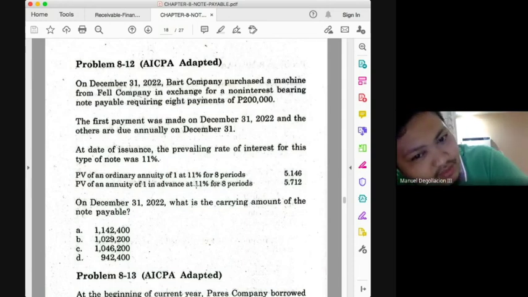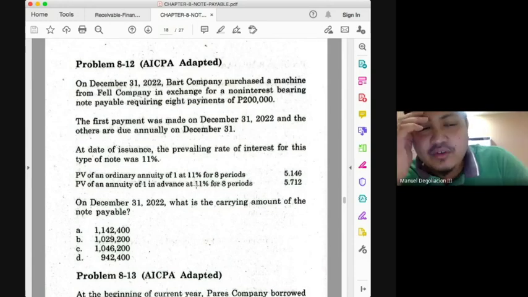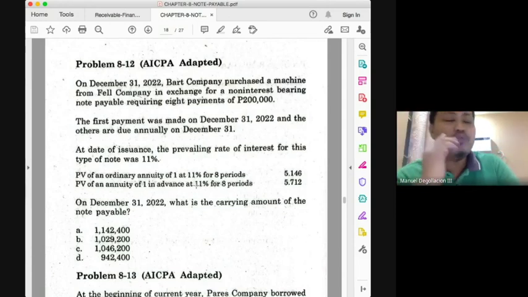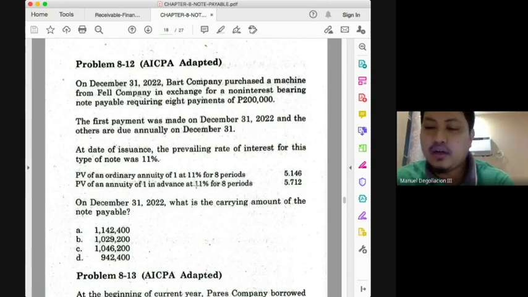Okay, and we are given 2 factors here, class, both for present value, both for annuity, class. Okay, but one is ordinary annuity, and then another is for annuity in advance. So basically, what is being asked here is whether or not we know which of these 2 factors should be used.